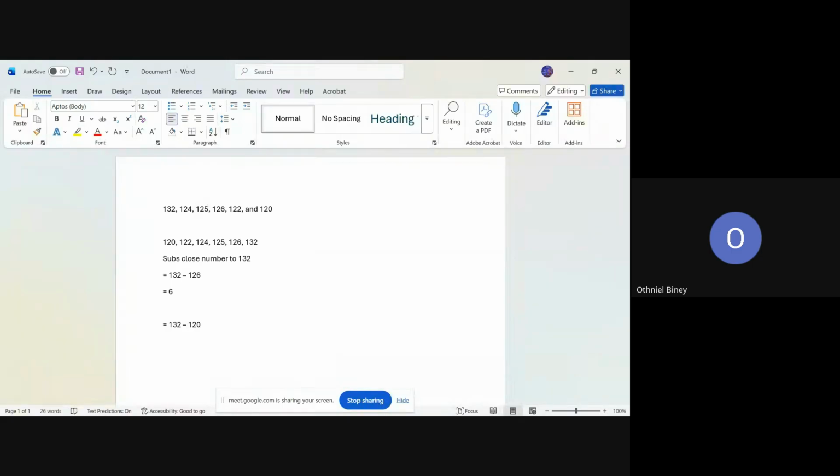That gives us 12. So after getting this, the Q value then becomes 6 divided by 12. That is the difference between the closest number to 132, divided by the range that you got.